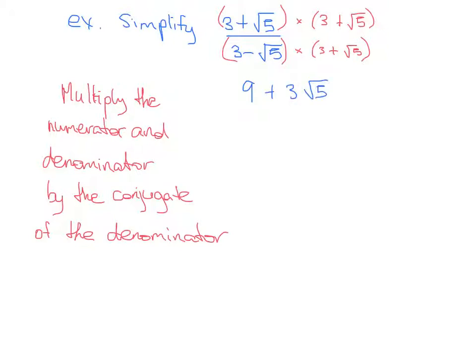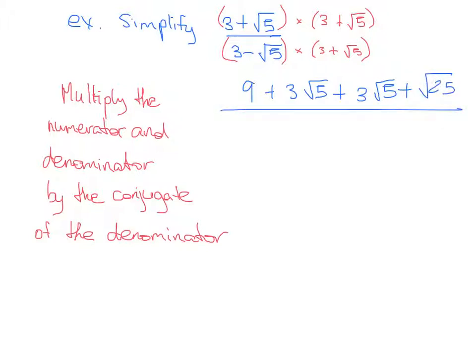Inner, we have here root 5 times 3 gives us plus 3 root 5. And last, we have here root 5 times root 5 gives us plus root 25. All right, so that's the top.